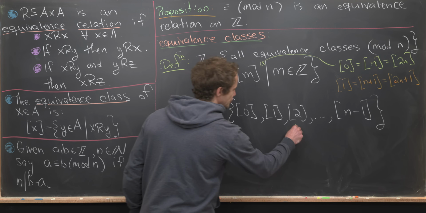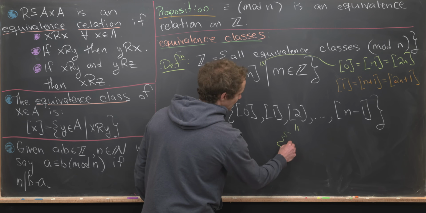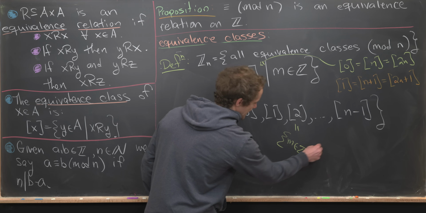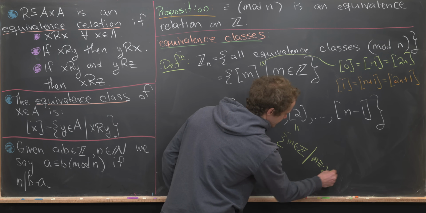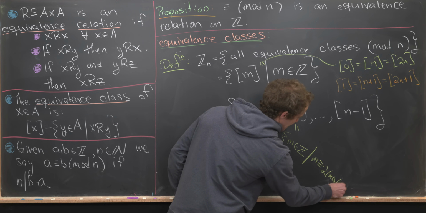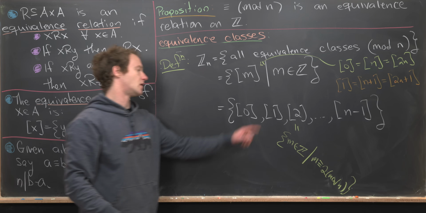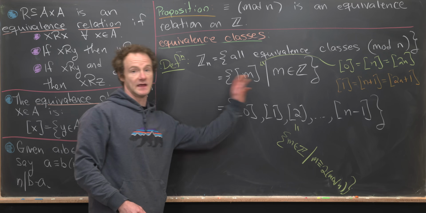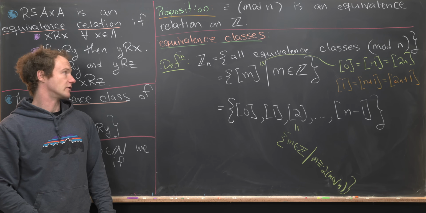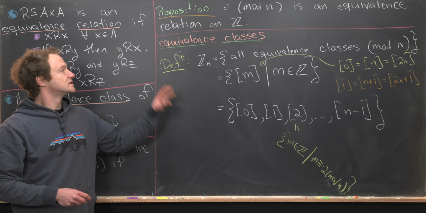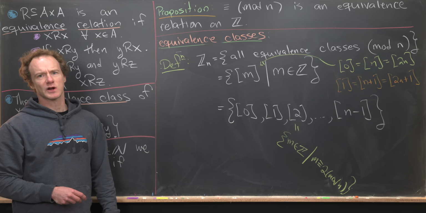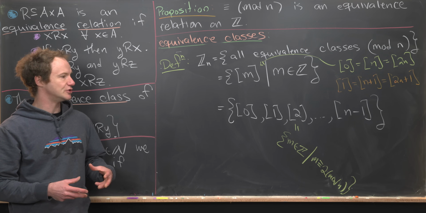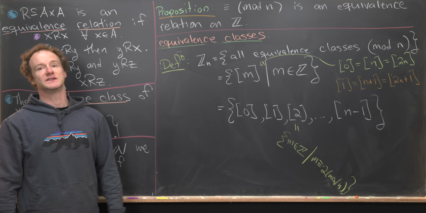I want to remind ourselves really quick that this is going to be all integers m that are congruent to 2 mod n. This one is all integers that are congruent to 1 mod n, 0 mod n, and then going forward in the other direction. Okay, so I'm going to get rid of this, and then we're going to prove something related to the arithmetic of Zn.